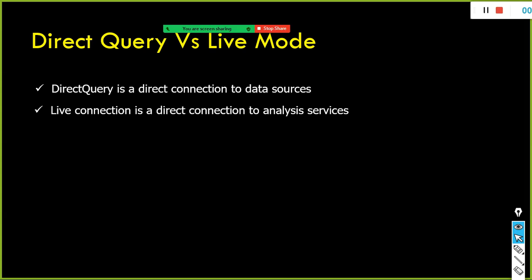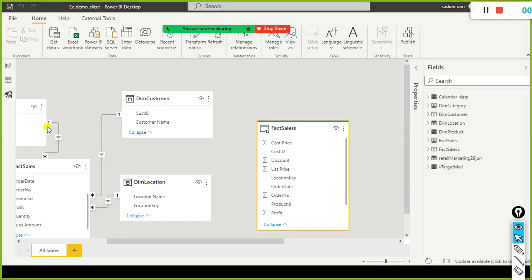With direct query, you can still configure the relationship in some cases. What do you mean by relationship? In direct query, you can create this. For example, customer ID and customer ID, you can draw a relationship. If I drag and drop it, let's wait for some time.